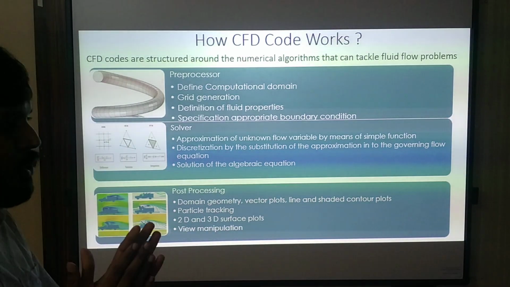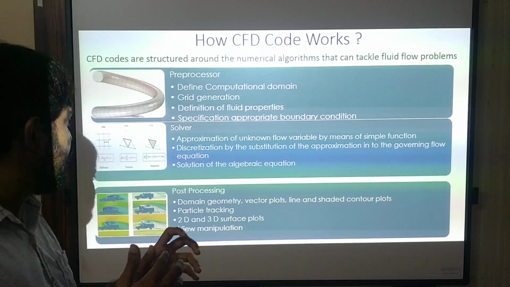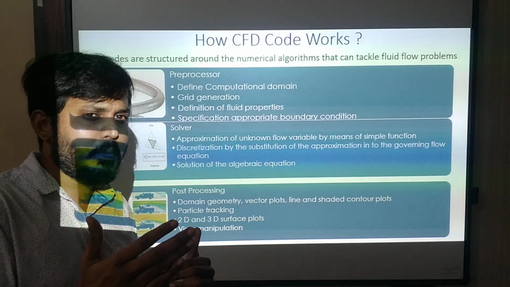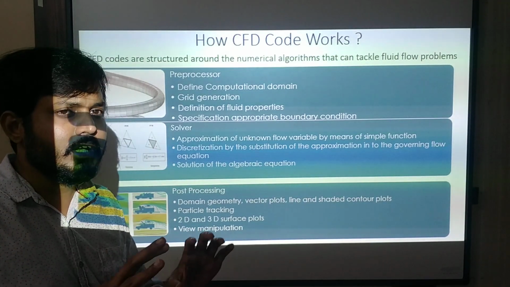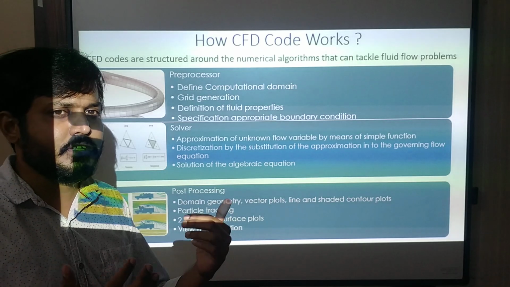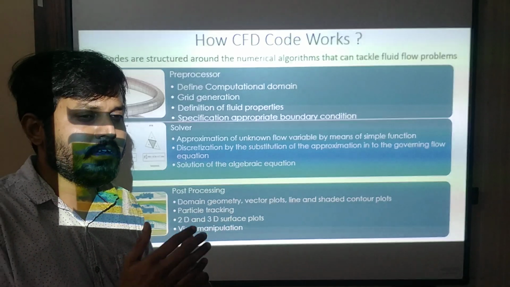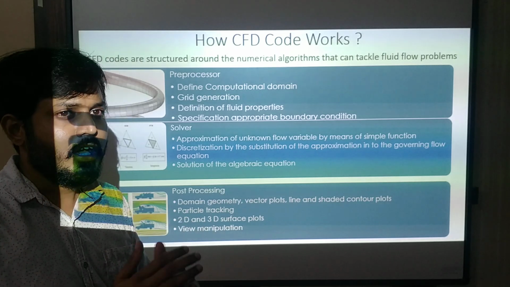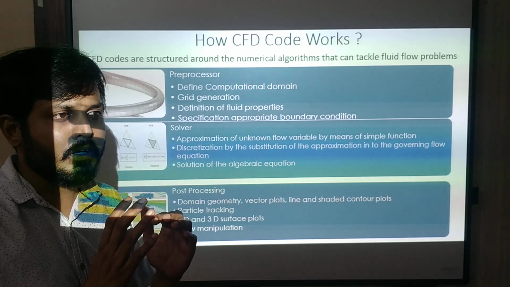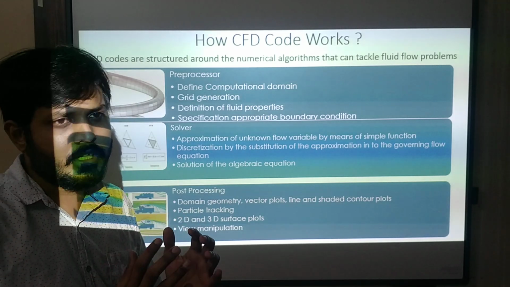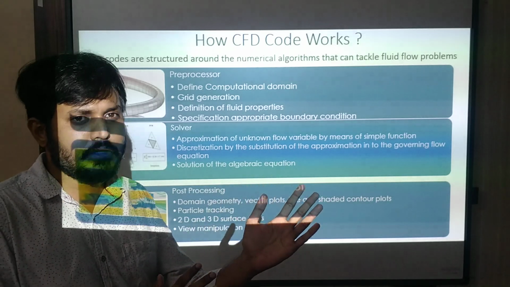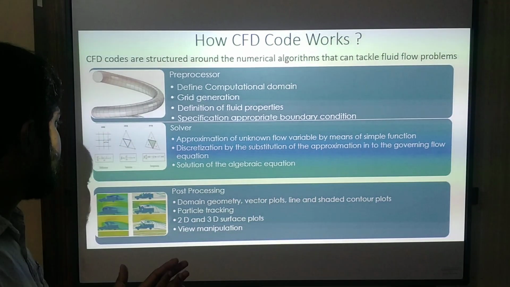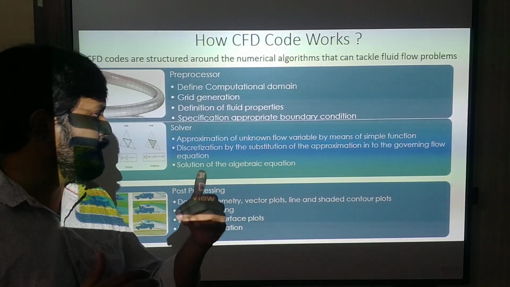Second, the solver. Mainly the solver may be FDM, FEM or FVM. We will understand later what FDM, finite difference method, FEM, finite element method, and FVM, finite volume method are. FVM is very common nowadays for computational fluid dynamics code generation. The first step is approximation of unknown flow variables by means of a simple function.